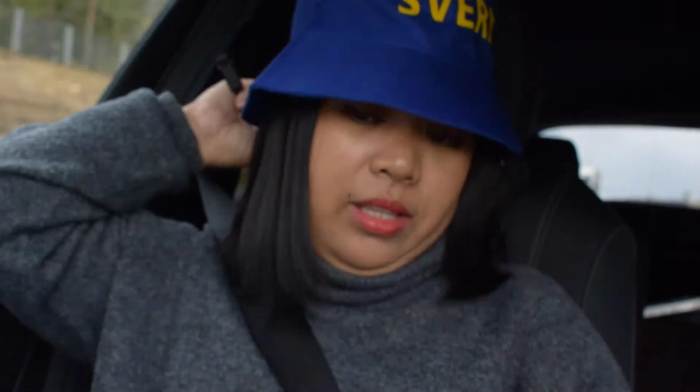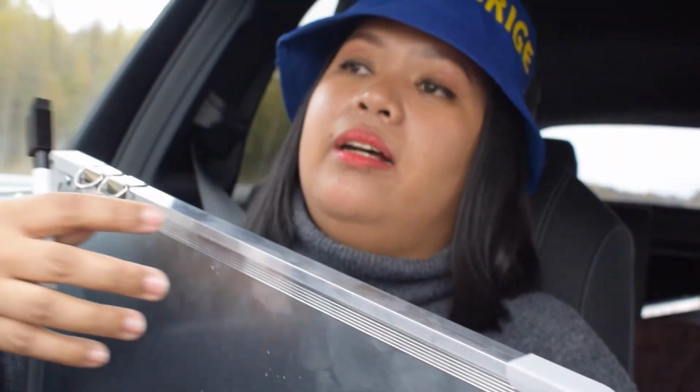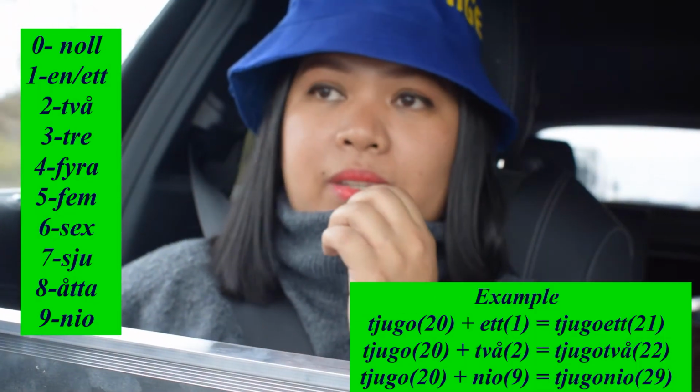and it will be easier after 20 because you just need to add the number. From 20 it will be a little bit easier to count because we already count 1 to 20.